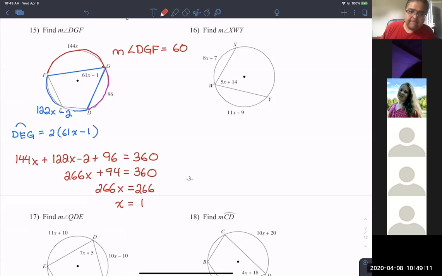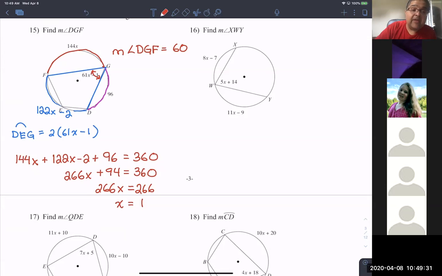How did we get 60? Okay, so did you see how I got x equals 1? Yes. Okay, so I'm looking for this angle right here. The formula for the angle is 61x minus 1.